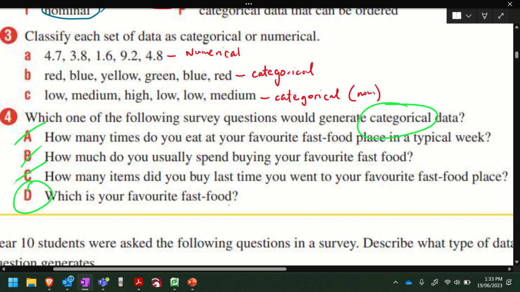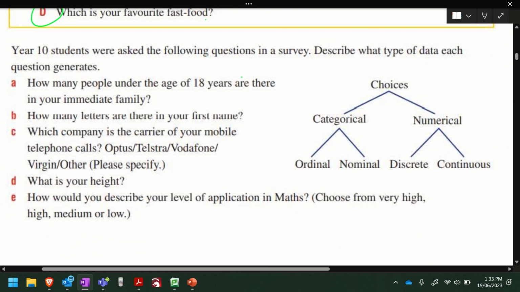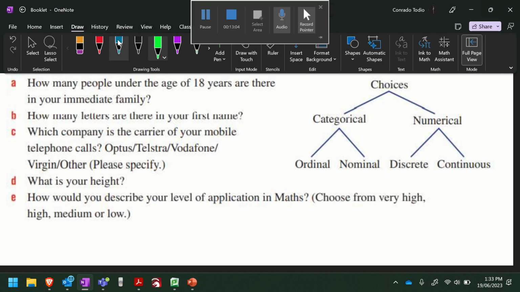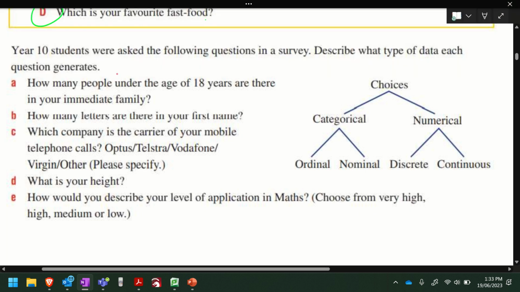All right, last question, and then we'll be done. Year 10 students will ask the following questions in the survey. Describe the type of data that the question will generate. Now, I want you to give me the subtype as well for this. Okay, shh. Abby, I want you to do the first one.